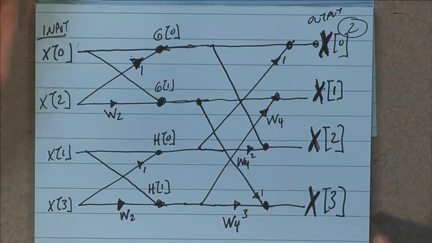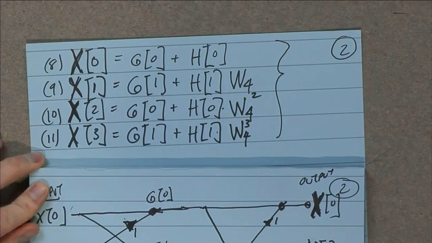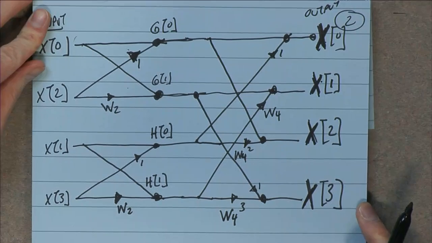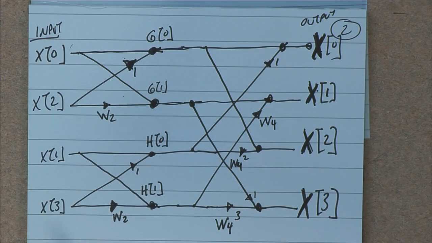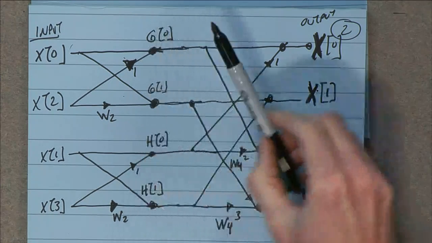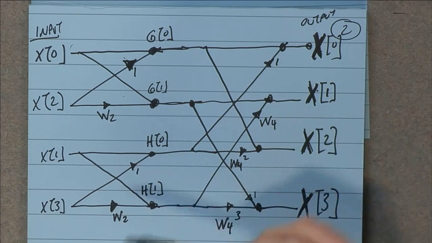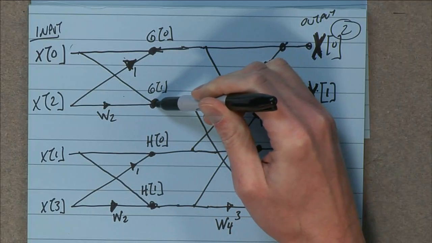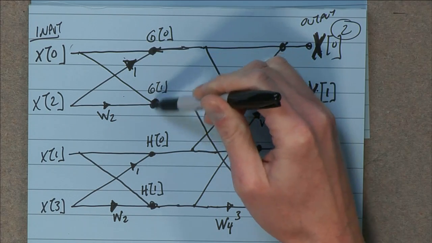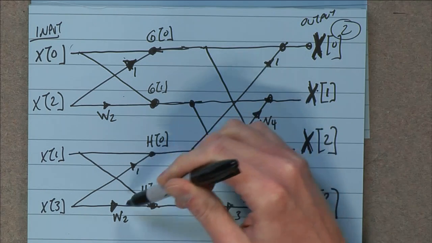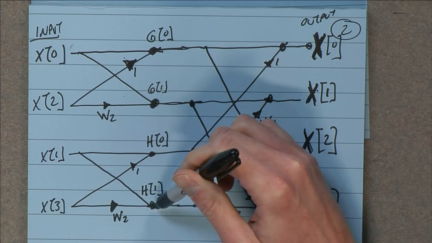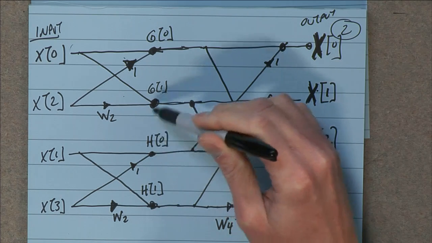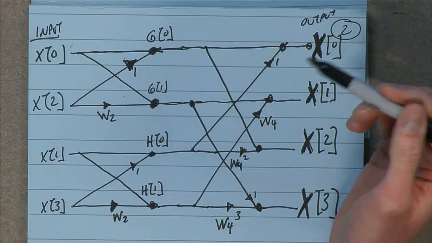But if you look at our simple algebra that we went through here, and we put this table together to represent it, it's pretty simple, because the first stage ends at G0, G1, H0, H1. Well, how many complex multiplies would it have taken? We can see that each one of these is a multiply and add. Now these happen to be 1 here, so they're somewhat reduced, but each one of these outputs requires a multiply and an add.